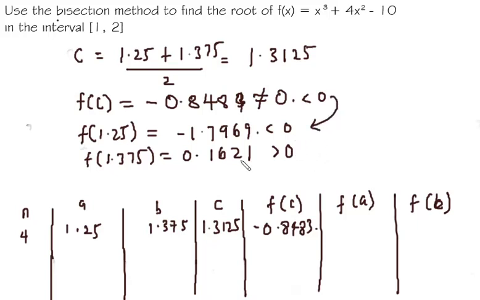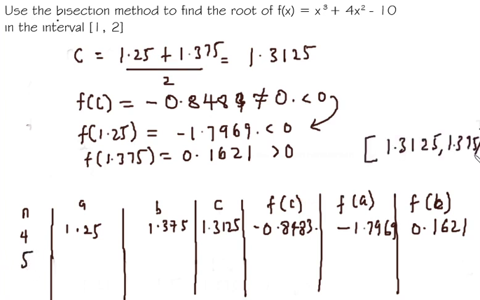So we have f of a here to be minus 1.7969. So that for the next iteration, we have our new interval, which is equal to 1.3125, 1.375. Okay.